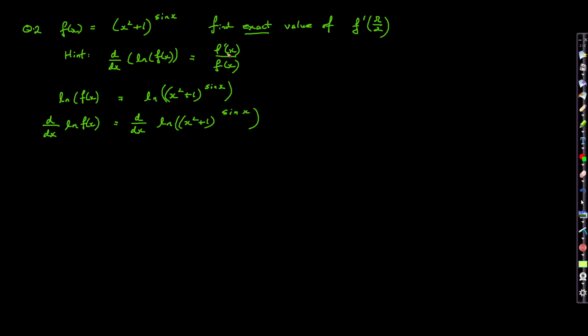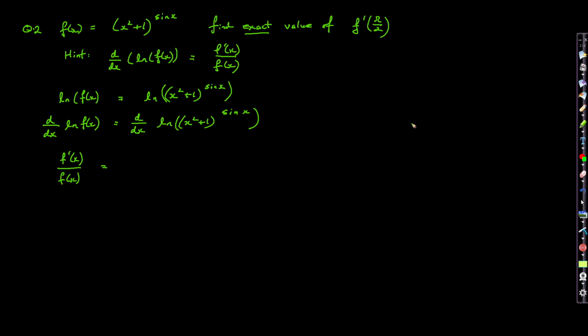Now, this looks like just a rule, but it's actually giving us a clue as to what we need to do here. We're after this derivative, f dash x, over the original function. This is going to be really important. And equal to, well, how do we derive this right-hand side?